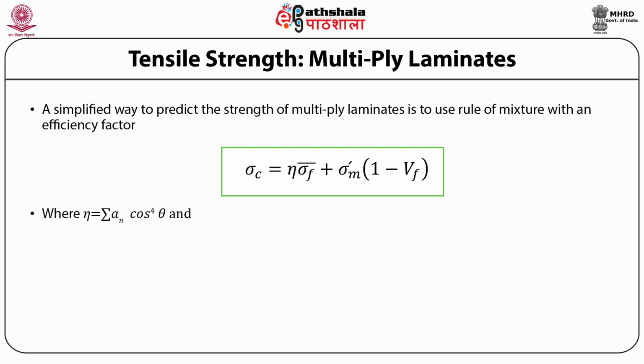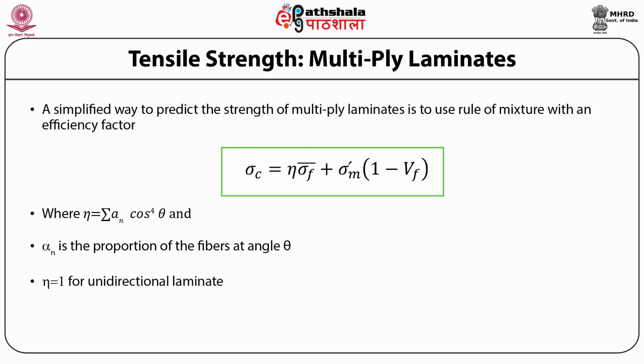Here eta is equal to the summation of an cos theta to the power of 4, where an is the proportion of fibers at an angle theta. It can be seen that eta is equal to 1 for unidirectional laminate, while for 0-90 cross-piled laminate, eta is equal to 0.5.